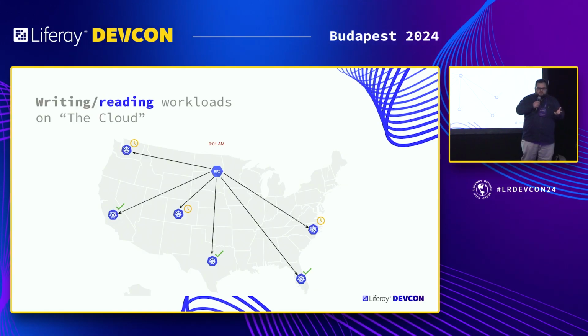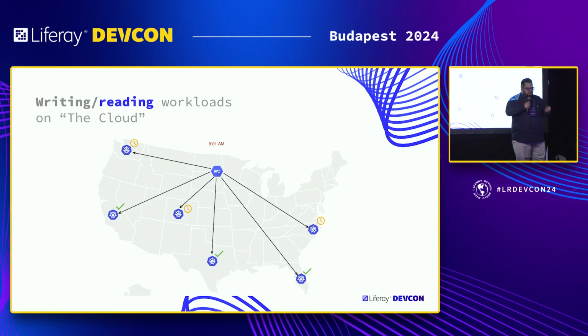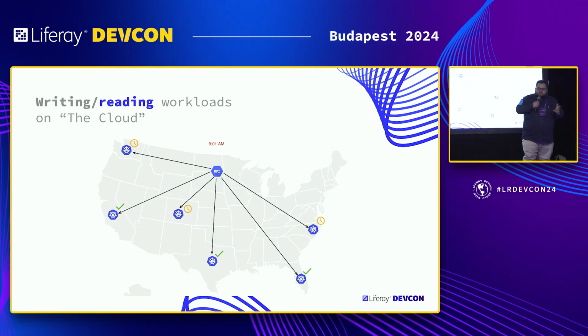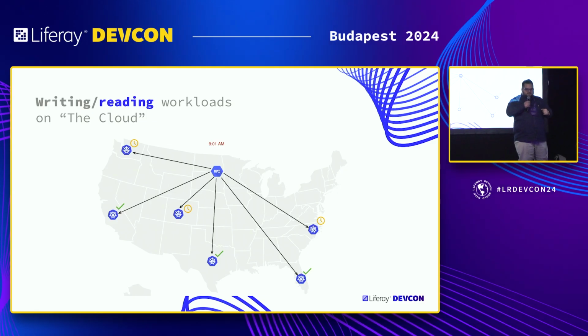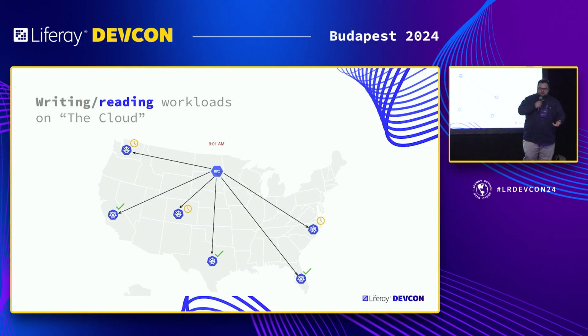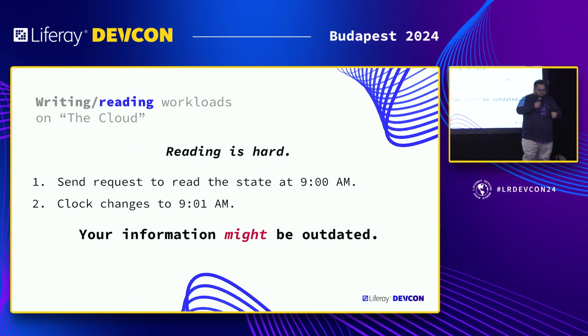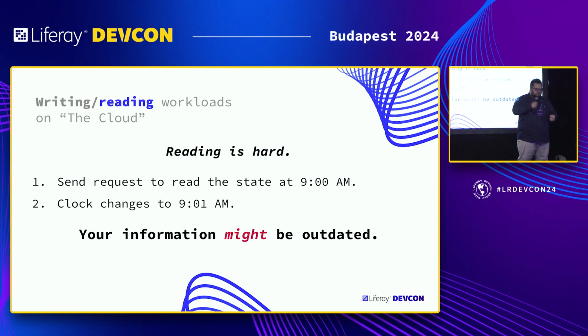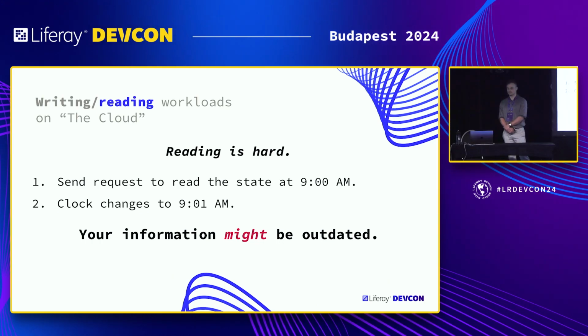Minutes later, that information might be outdated already, right? We represented this with the clocks there. And you do not know if the information is outdated or not until you send a new request. So you have to keep sending requests to the cloud to understand the state of your workloads, right? Your information there might be outdated by the time that you send your request.